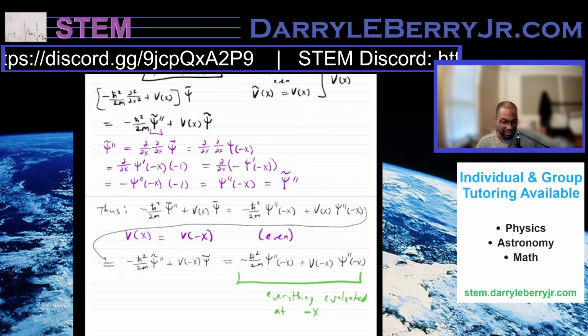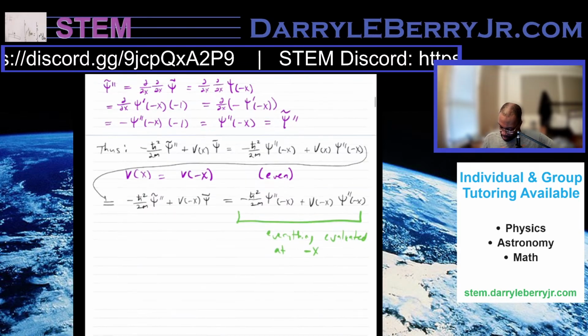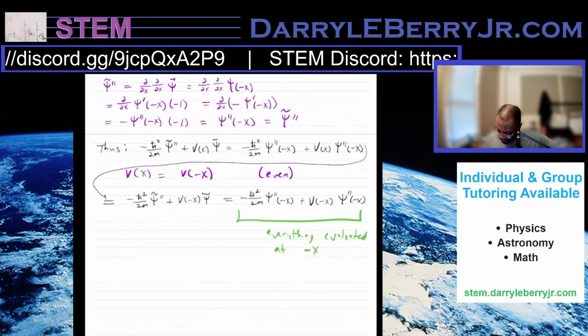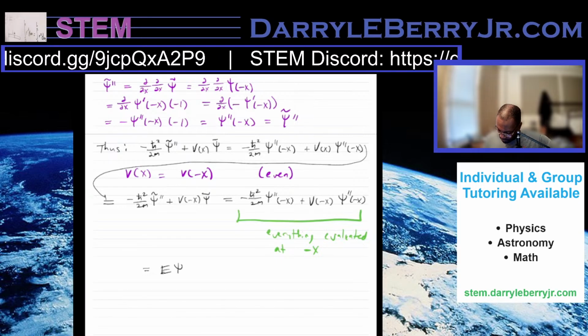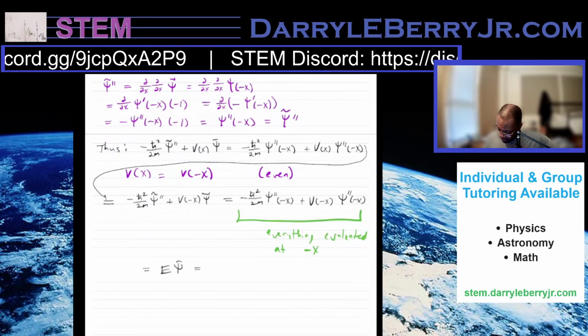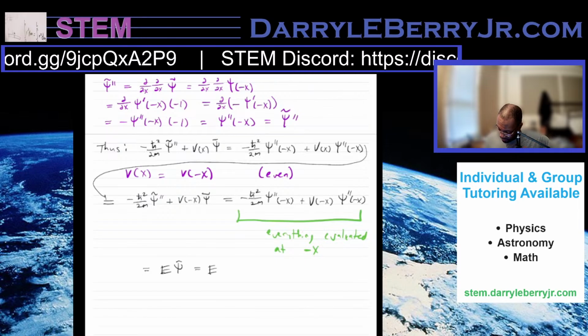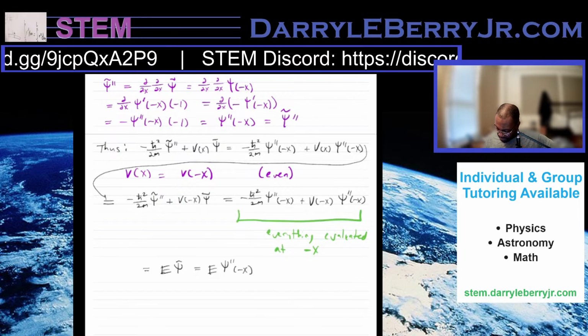Since psi satisfies the time-independent equation, the right hand must equal. So all of this must equal... which we know now equals E, equals that.